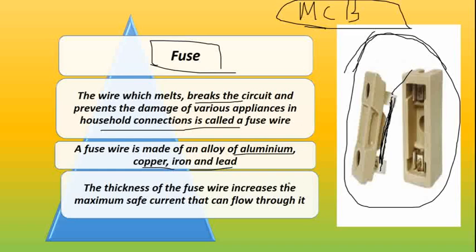This is the function of a fuse. Now one more important thing about fuse wire: the thickness of the fuse wire increases the maximum safe current that can flow through it. This is also an important thing in the fuse wire.